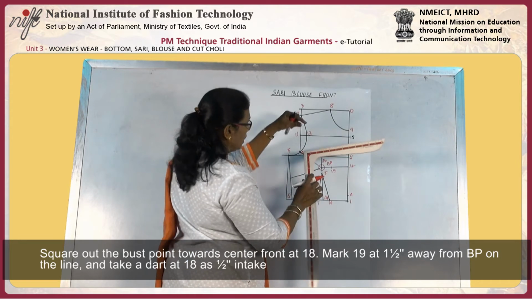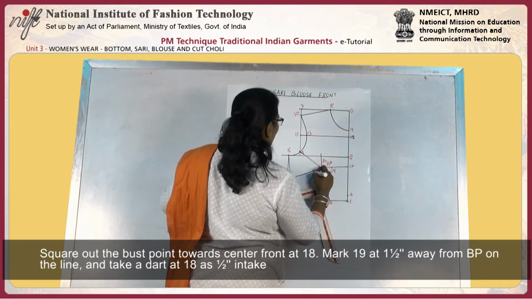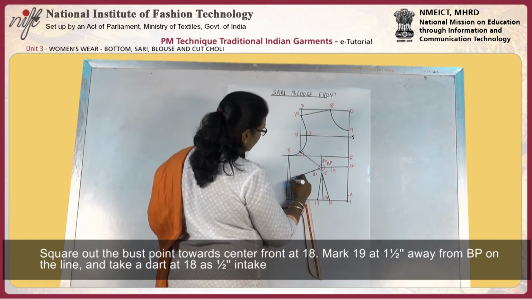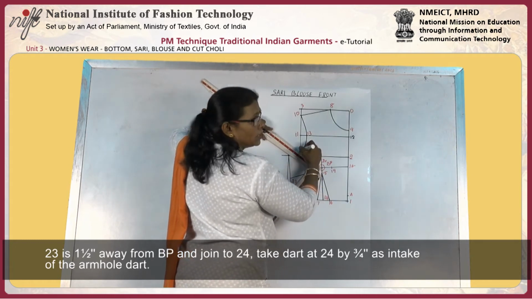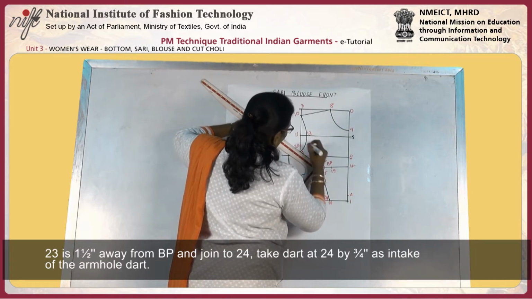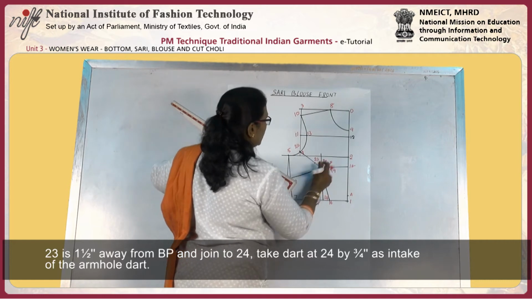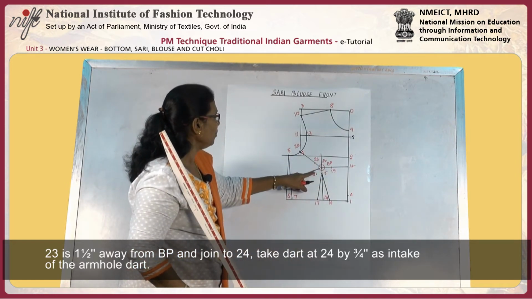Then here mark the same 1.5 inch away, it is 21, and this point is 22. The same thing, this intersection point is 24, and we are marking 1.5 inch away from this is 23. So we decided all the dot end points.